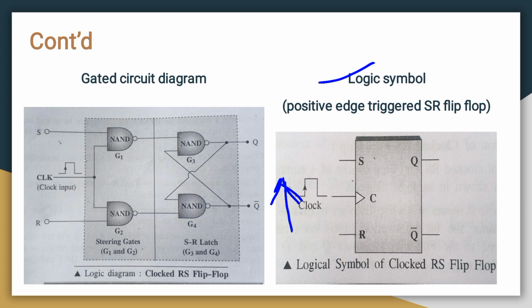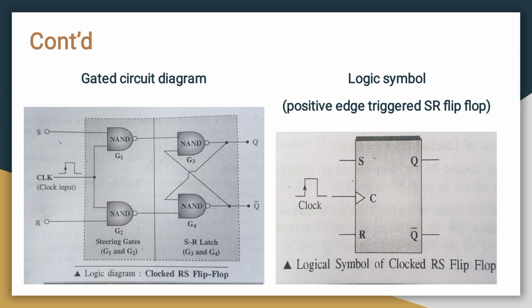We already defined the clock condition a few minutes back, right? So this one is the condition of that. So that is the clock at a rising edge. So at the rising edge, this circuit is going to retain or change the content of the storage. Clear? So this is about the logic symbol.